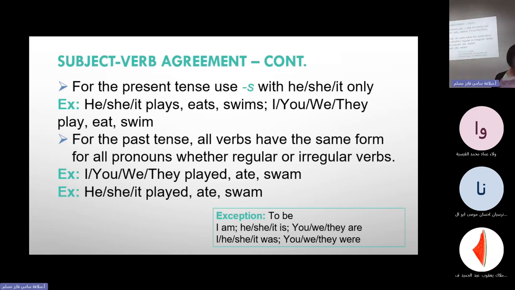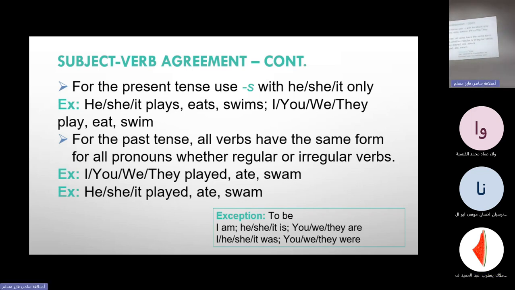For the past tense, all verbs have the same form regardless of the pronoun that is used, okay? Whether it's a regular or irregular verb. For example, can you read the second example? Okay. I or you or we, they played, ate, and swam.